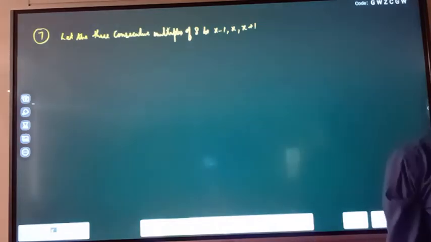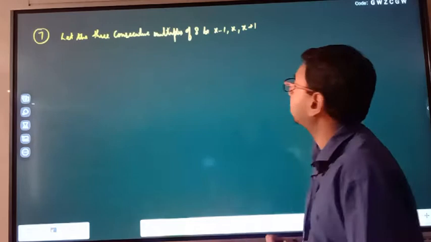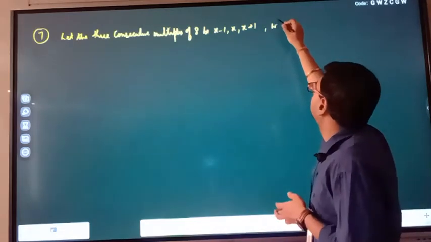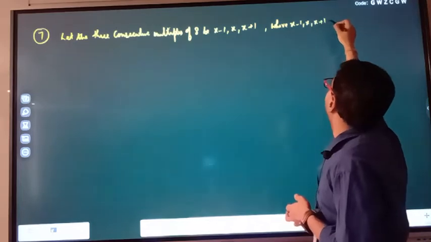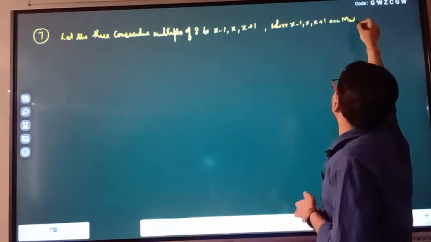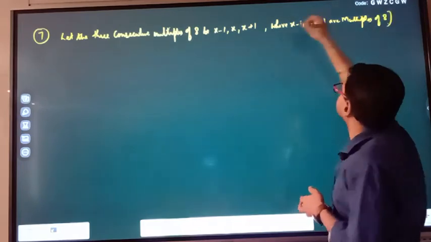Again we can have these multiples. That's not a problem for us. Don't consider it like a divisor we are conducting, where x minus 1, x and x plus 1 are multiples of 8. We know it very well. That's why we are considering.